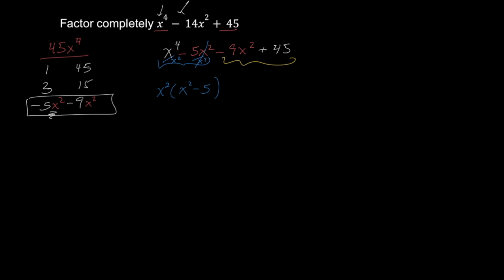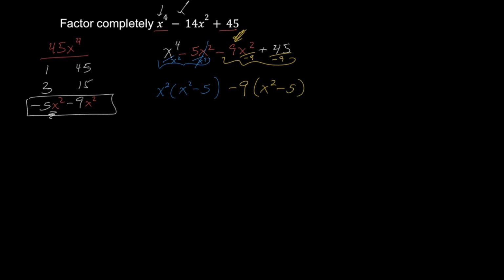Then from the next two terms, common monomial will be 9 in both terms. Leading coefficient is negative, so we want to pull out negative 9 from both terms, which is going to give us a positive x squared and a negative 5.